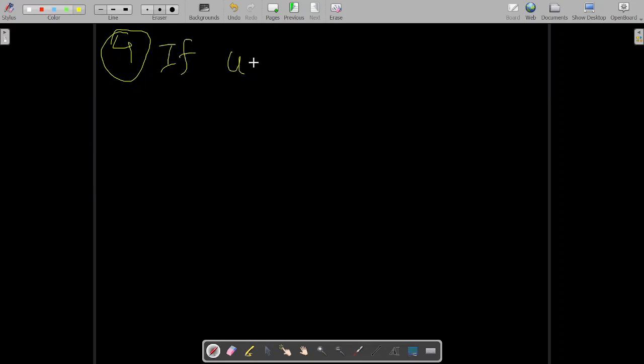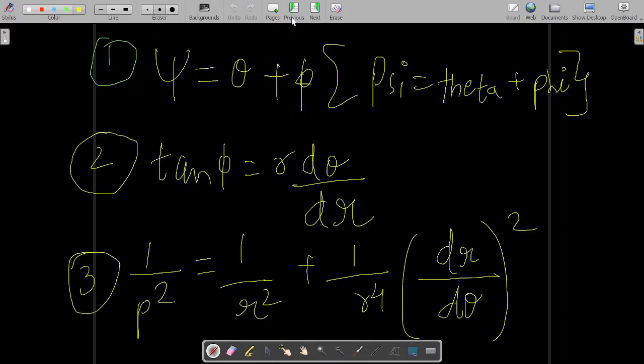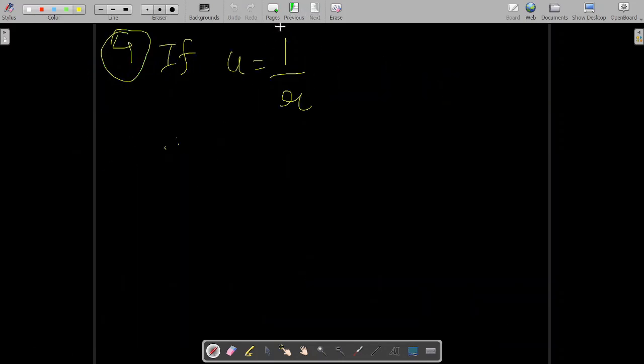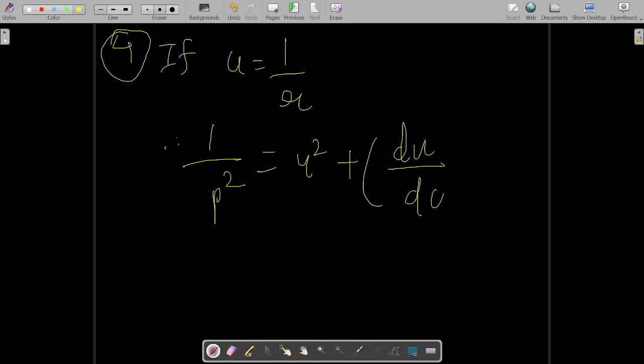Then the expression in point number 3 becomes 1 by p square is equal to u square plus du by d theta whole square.